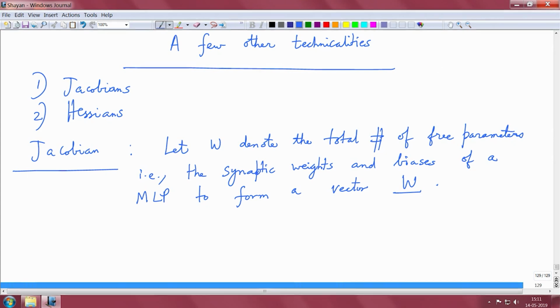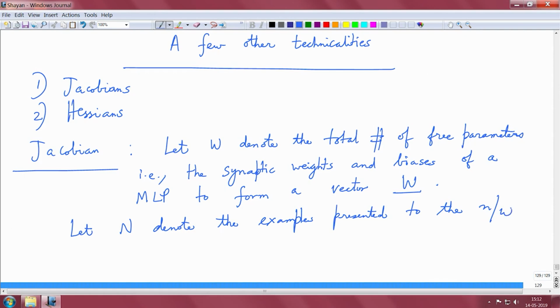So, with this formalism that we have, let us continue to define a few other variables. Let capital N denote the examples presented to the network.